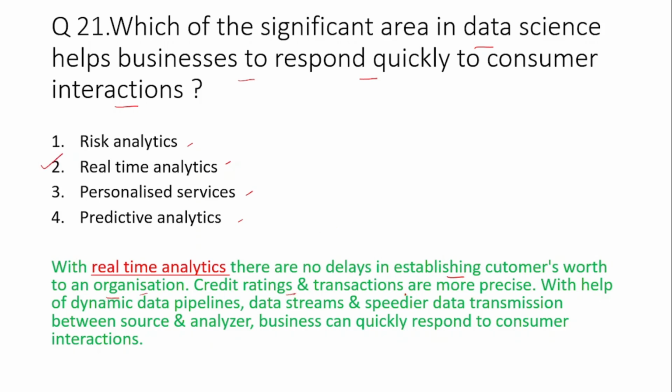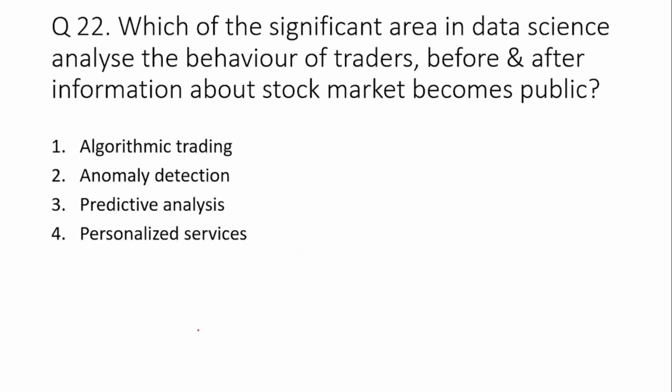Credit ratings and transactions are more precise. With the help of dynamic data pipelines, data streams and speedier data transmission between source and the analyzer, businesses can quickly respond to customer interactions. So the technique used in data science to respond quickly to customer interaction is basically real-time analytics, right? Moving on to the next one.